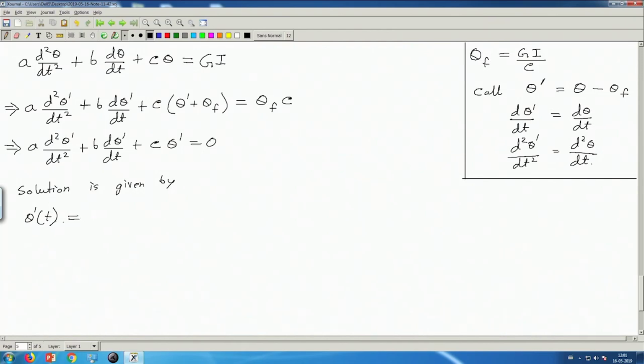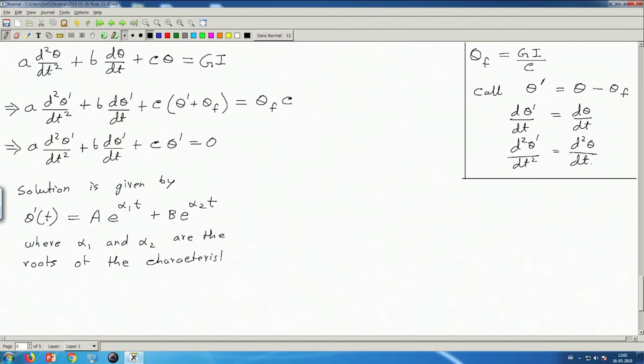Okay. So, this will be equal to some constant a times e to the power alpha 1 t plus b e to the power alpha 2 t, where alpha 1 and alpha 2 are the roots of the characteristic equation, call it a m square plus b m plus c, okay, equal to 0.